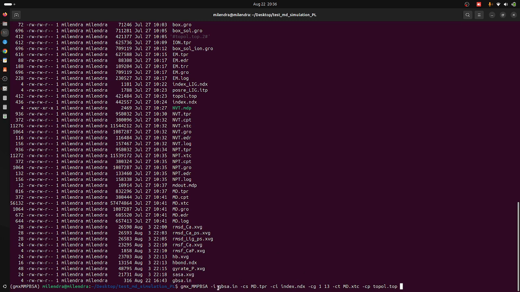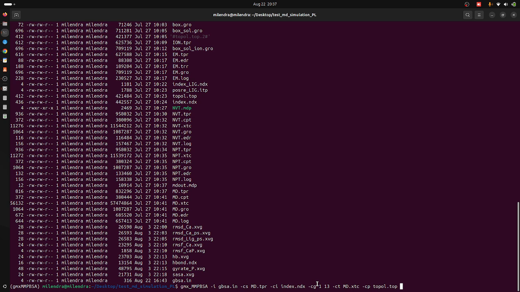And the -cs md.tpr, this is also the input file, -ci index.ndx, right? This file contains the different groups of our molecular system: the protein, C alpha, the backbone, and the ligand system.